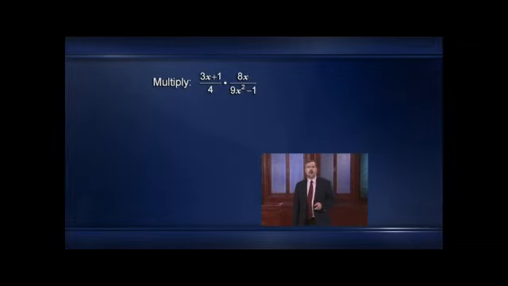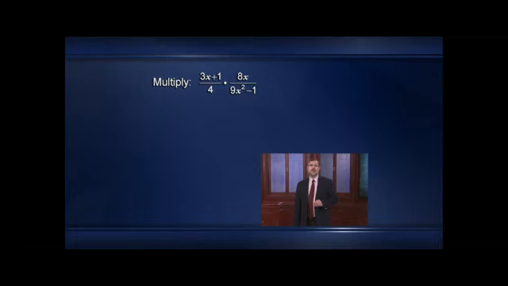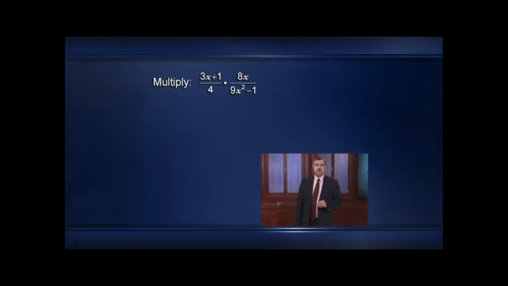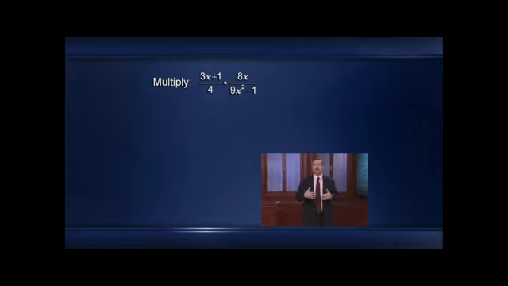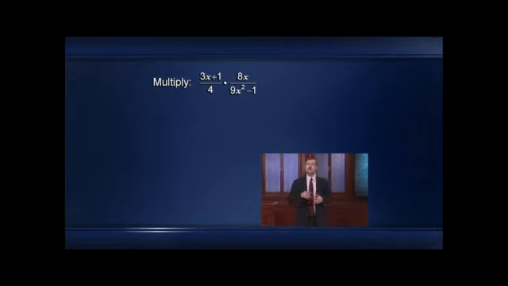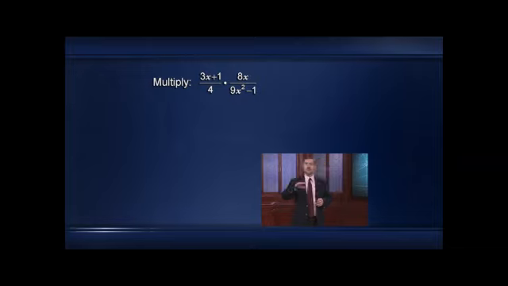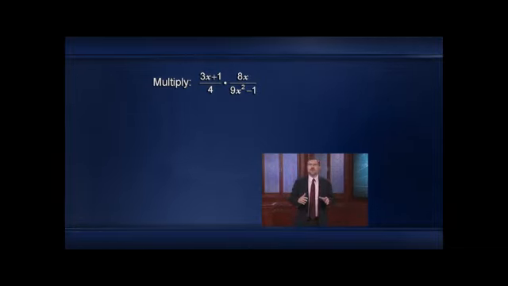So here's the next example I want us to look at. Multiply (3x plus 1) over 4 times 8x over (9x squared minus 1). Well, you know again that you can just multiply the numerators and the denominators if you'd like, but you're also allowed to do any cancellation from either of the numerators and either of the denominators.